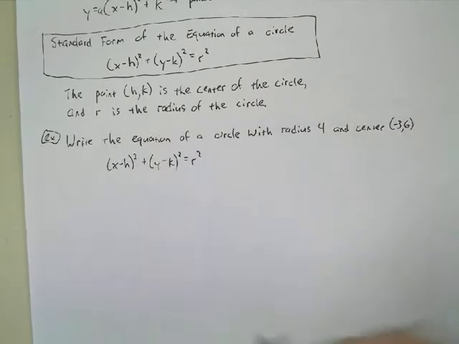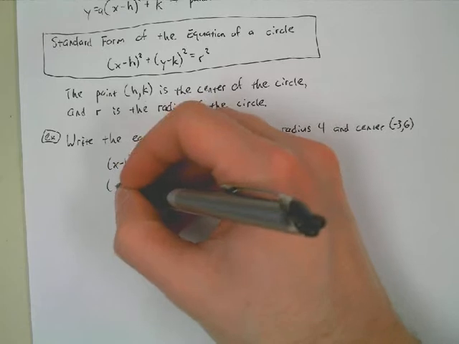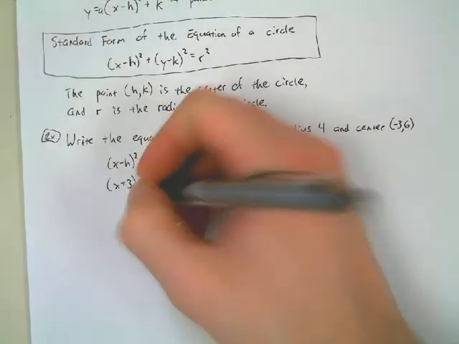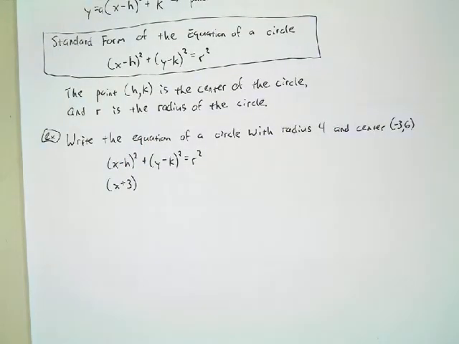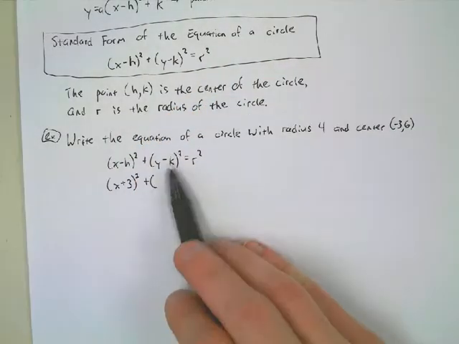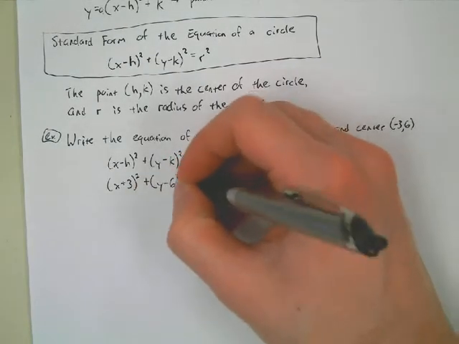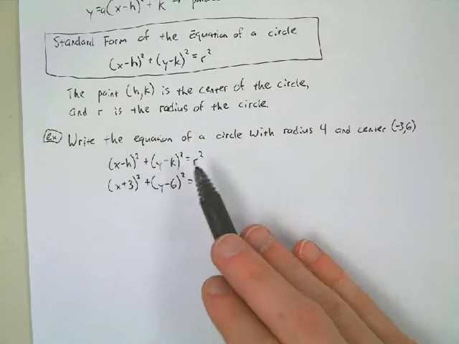So this would be x minus -3, which is really just x plus 3, because we're subtracting -3. Quantity squared plus, this k is the y-coordinate of our center, so it's 6. So it becomes y minus 6 quantity squared equals r squared.